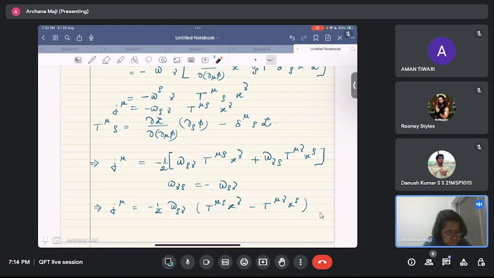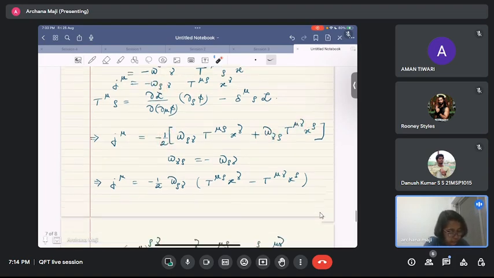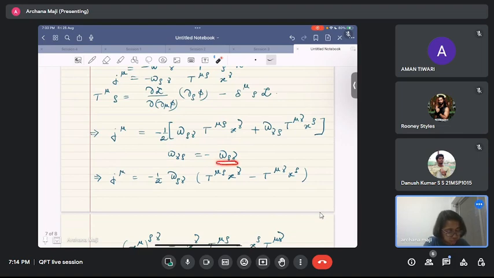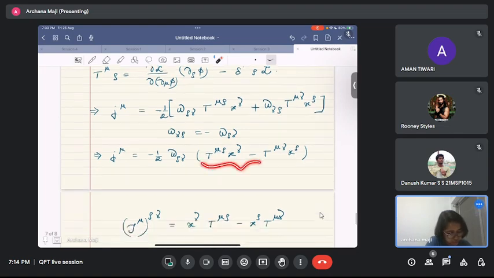So I'm writing the same term again here, but with nu replaced by rho and rho replaced by nu, and then dividing by half, and then using the property that we have already derived for omega, which is antisymmetry. So here I am replacing omega nu rho by minus omega rho nu, and that is giving us this expression.